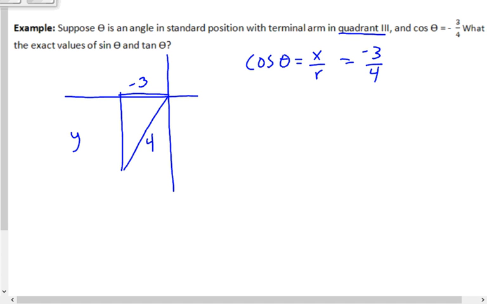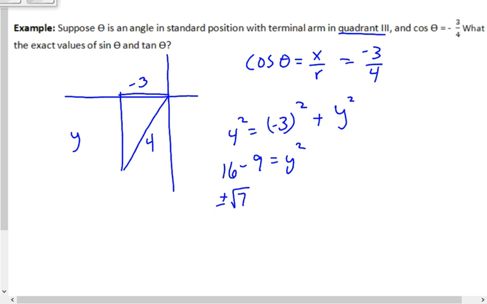And to do that, we're going to substitute it in to try and determine what y is. So we take 4 squared equals (-3) squared plus y squared. We'll do some rearranging. We get 16 minus 9 equals y squared, plus or minus root 7 equals y. Okay, we know that y is moving downwards, so it's going to be the negative root 7.